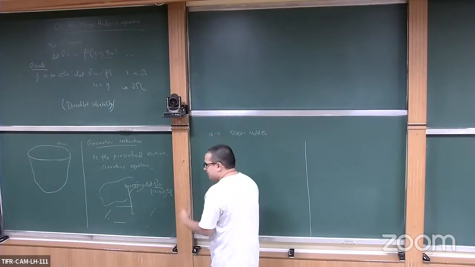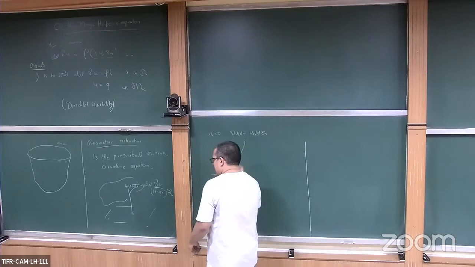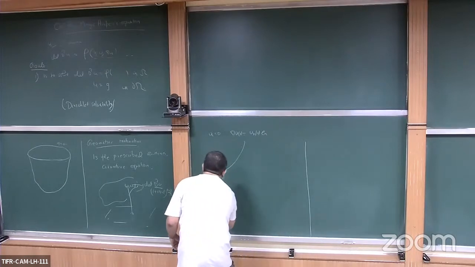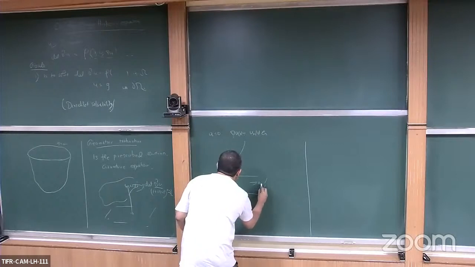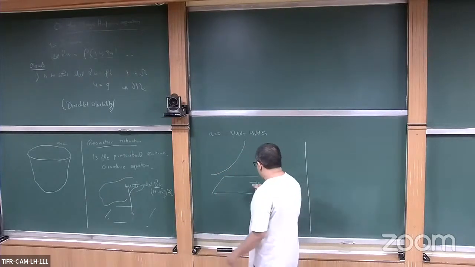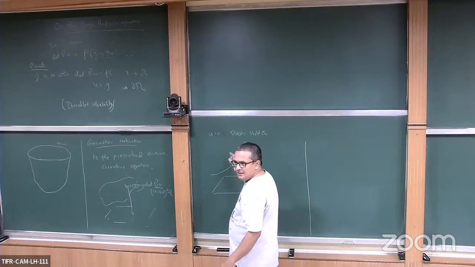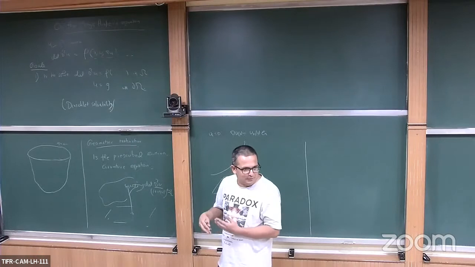What are the other points? Along this direction, the graph looks like this. Say I have a plane, and this is the direction e_n, and this is the graph. Now along the direction e_n, I can apply my one-dimensional geometry knowledge.